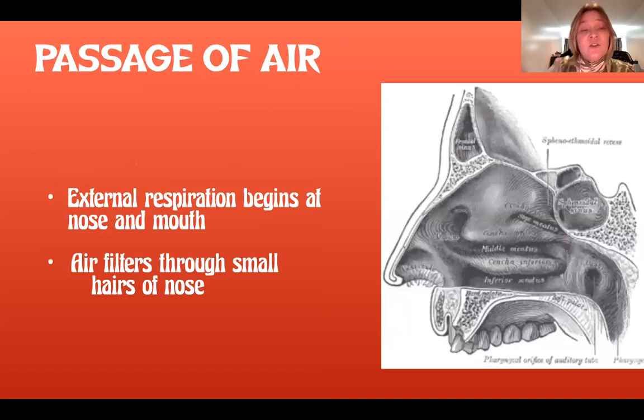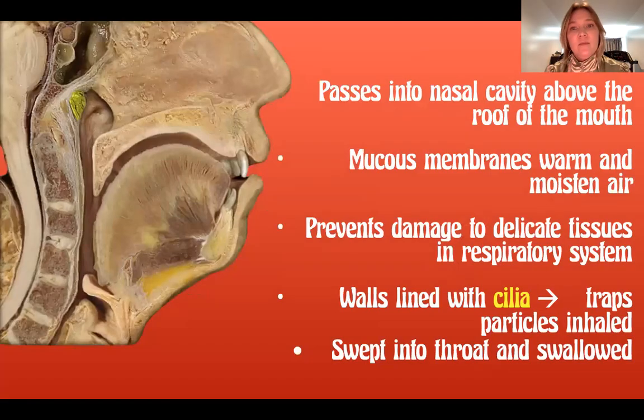So external respiration begins at the nose and the mouth. Air is filtered through the small hairs that you have in your nose. The air passes into the nasal cavity above the roof of the mouth. So here we have what's called the hard palate.